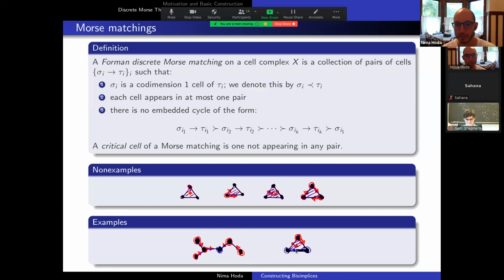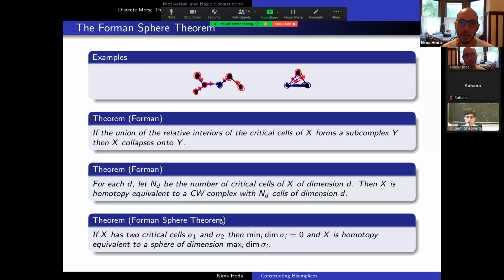And it kind of looks like the Morse matching here is giving us a collapsing strategy down to the critical cells, and that's actually the case. It's a theorem of Forman's that if the union of the relative interiors of the critical cells forms a subcomplex, then X collapses onto that subcomplex.